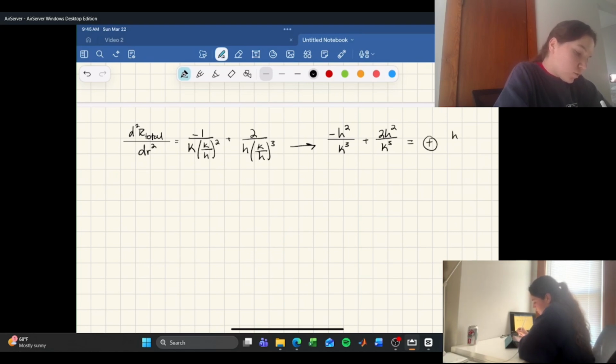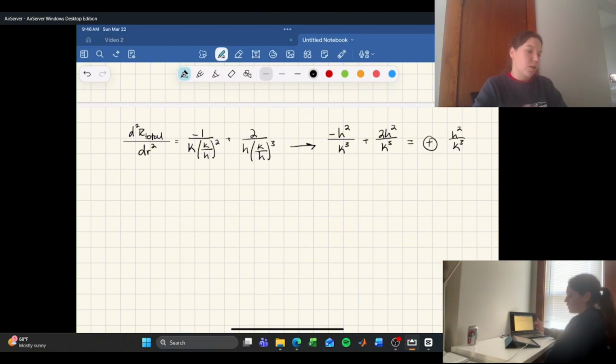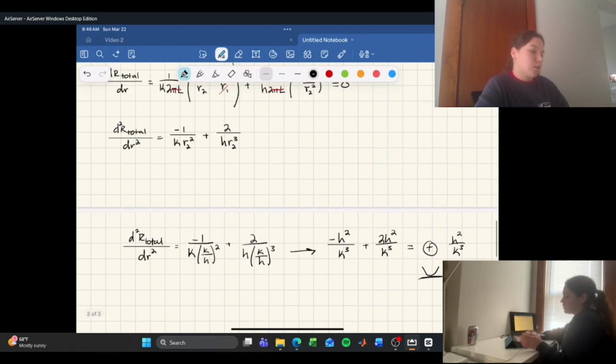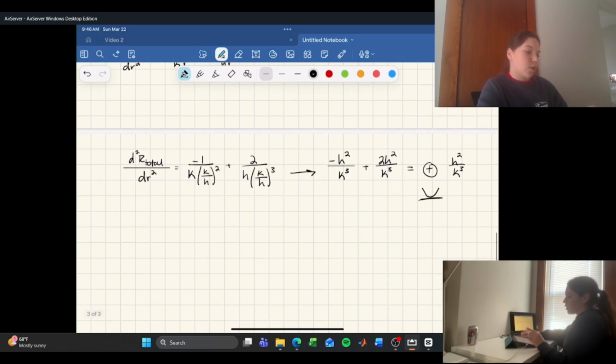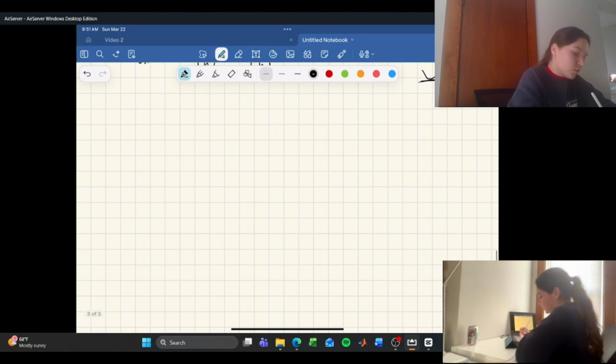It's going to just be h squared over k cubed. And because it's positive, it's going to be a concave up term. So that means that this is going to be the minimum. So like the radius, this radius value is the minimum that it can be before the thermal conductivity starts to decrease. So let's show what this is looking like.